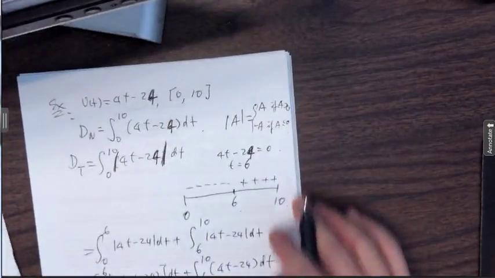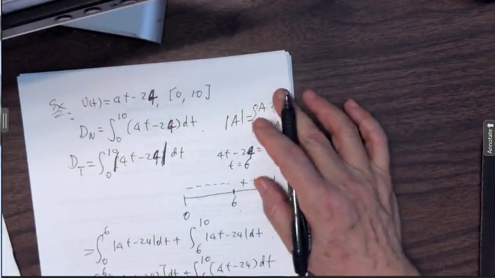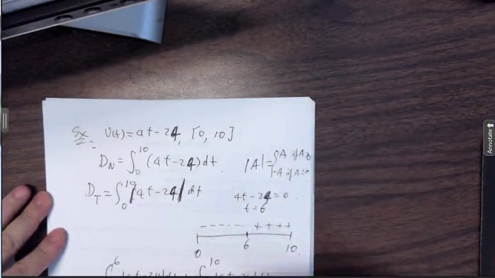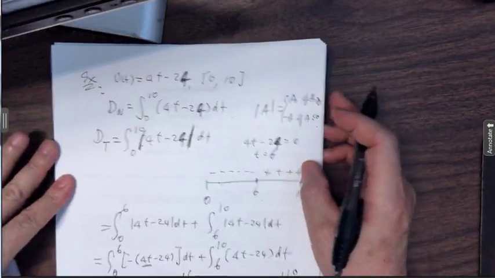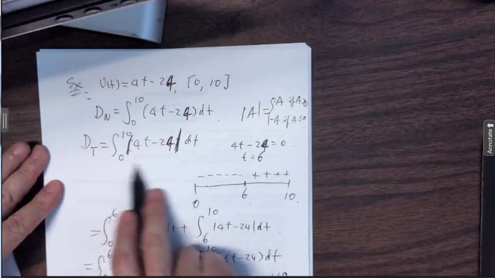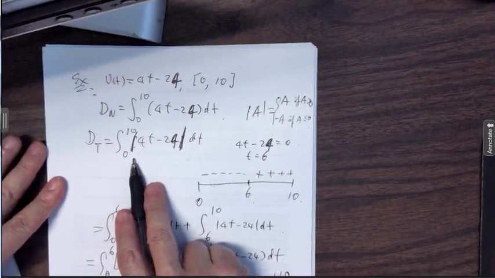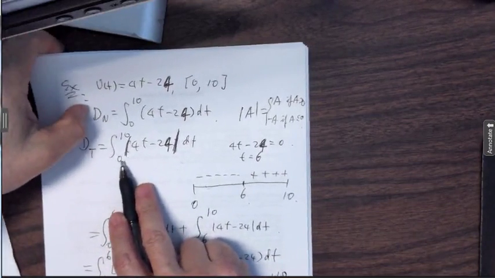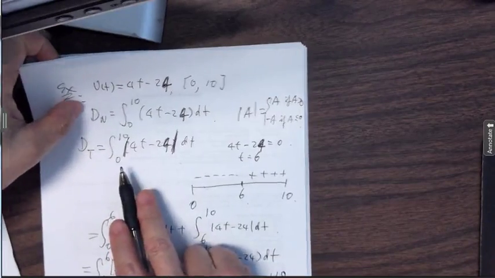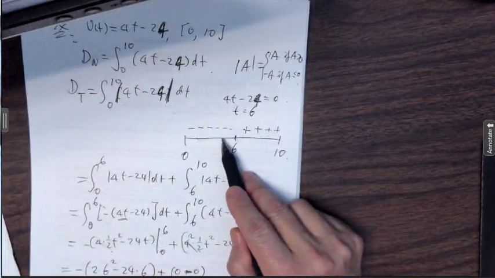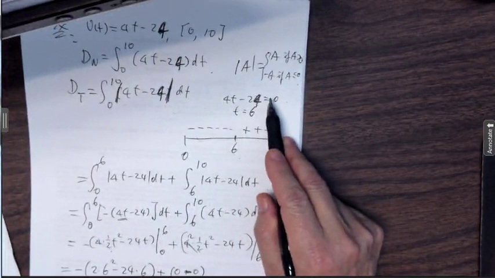This is an example I want to show you concerning velocity and distance. Mainly, I wanted to show you how to find the antiderivative of an expression involving absolute values. The idea is you do some algebra first. You check the sign of the expression.